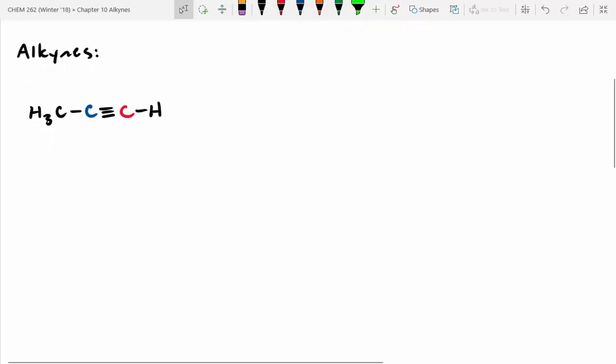What we're going to do, just like we did before, is cut this triple bond. We treat it with ozone, step one, and then in step two, we don't need strong reducing conditions. We can just treat this with water. Water is plenty good enough.